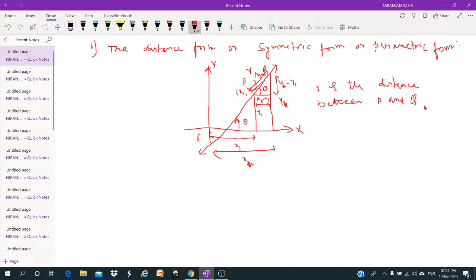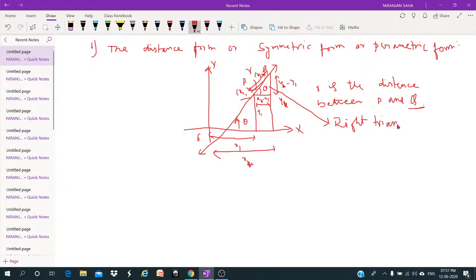Now Q is a variable point. We will represent the variable point with respect to the known point x1, y1 and the known angle theta. How can you do this? This angle is a right angle, so we take the right triangle.